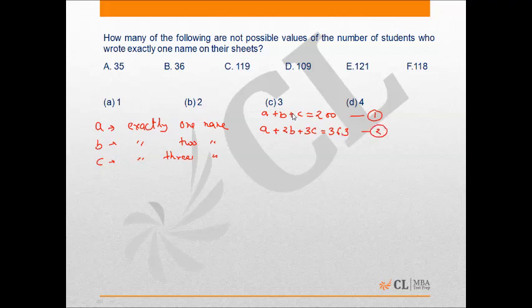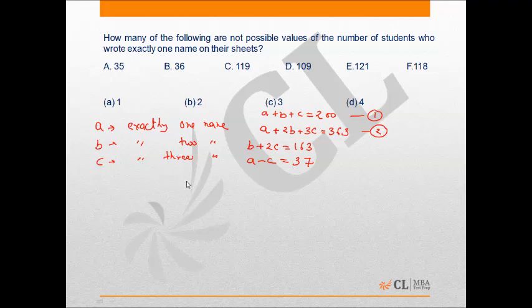If I subtract first equation from second, I'll get B plus 2C is equal to 163. And if I subtract the second equation from double of the first one, I'll get A minus C as 37.